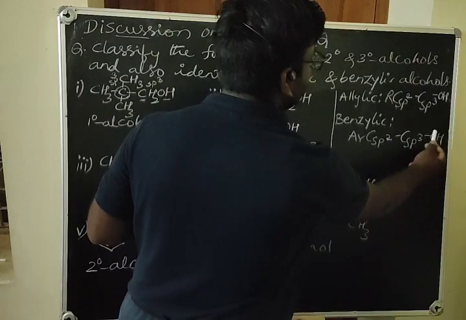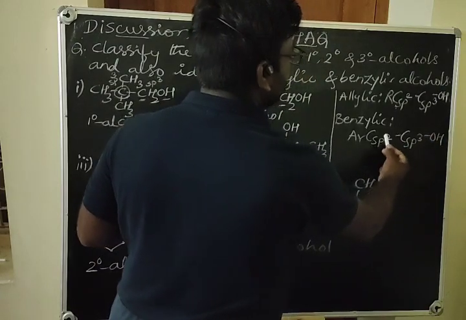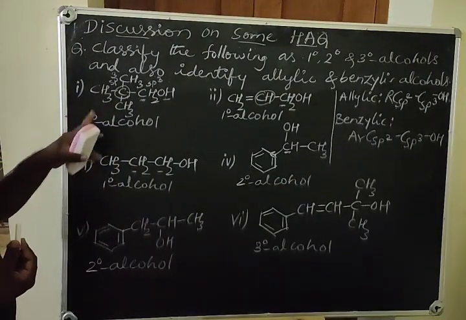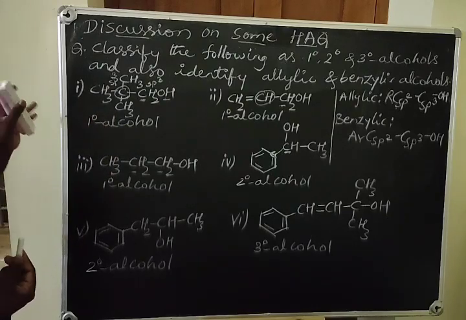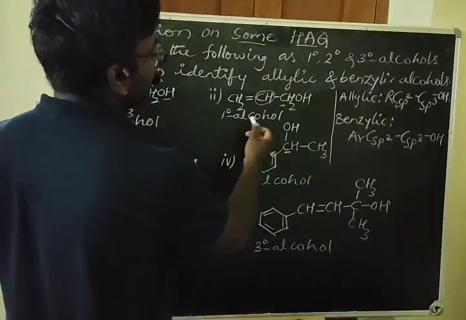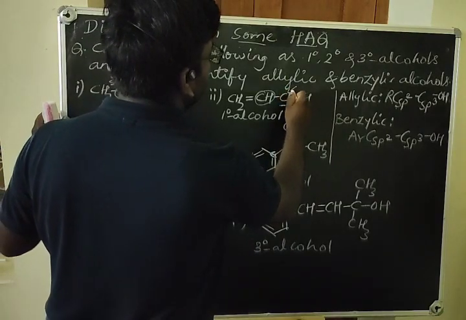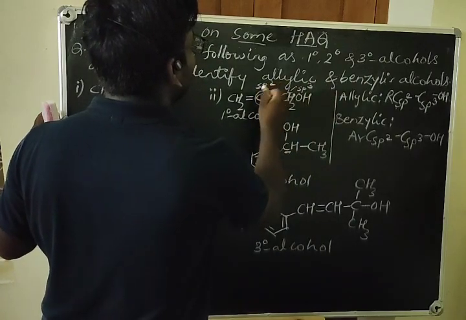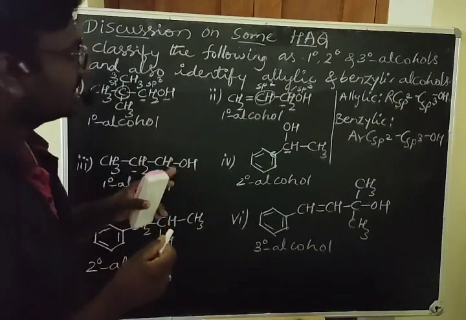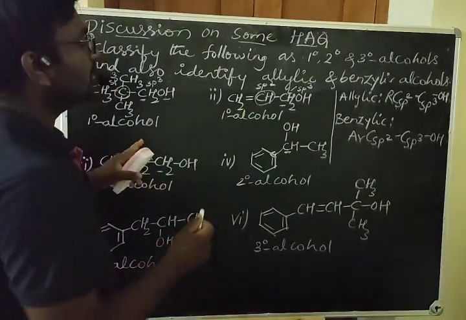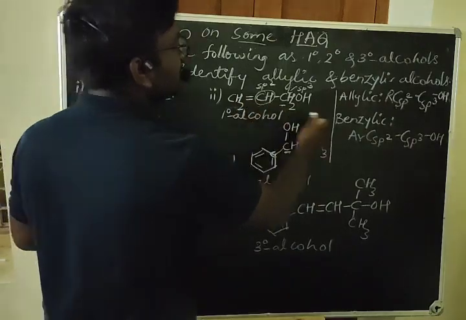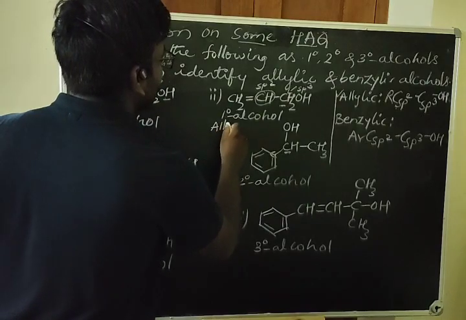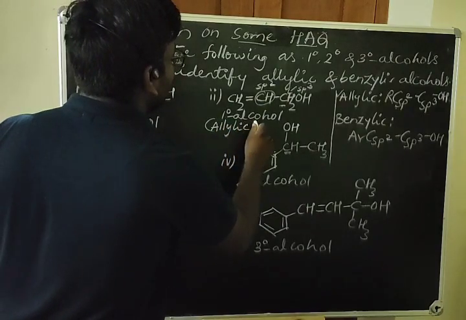So it is neither allylic nor benzylic. Now come to this compound. Here it is an sp3 carbon, an sp3 carbon and an sp2 carbon. It does not have any cyclic structure or benzene ring. Therefore, this is the allylic part. It follows the sequence, so this compound is an allylic alcohol.